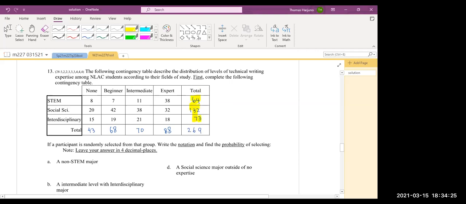But let me confirm by adding this way. Hopefully we get the same number. If not, then one of them is wrong. That's why, since the beginning, it's better for me to just use a calculator right away. Oh yeah, it's 269 also.